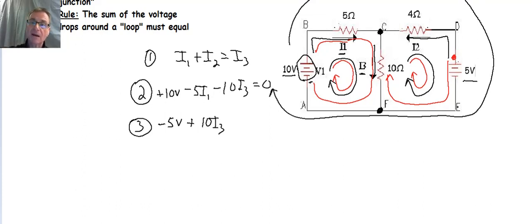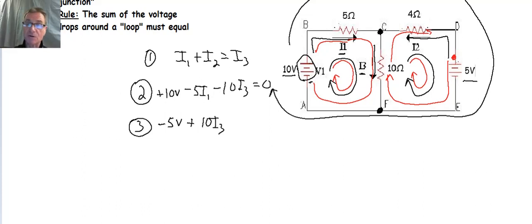So I've got my voltage drop due to the 5 volt battery, my voltage rise due to the 10 ohm resistor. I'm going to continue on in this direction, and I'm going to get to my 4 ohm resistor, still going in the clockwise direction. Well, let's see what we've got here. I've got my analysis direction going clockwise, or up at the top here to the right. The current direction I guessed for I2 is to the left.